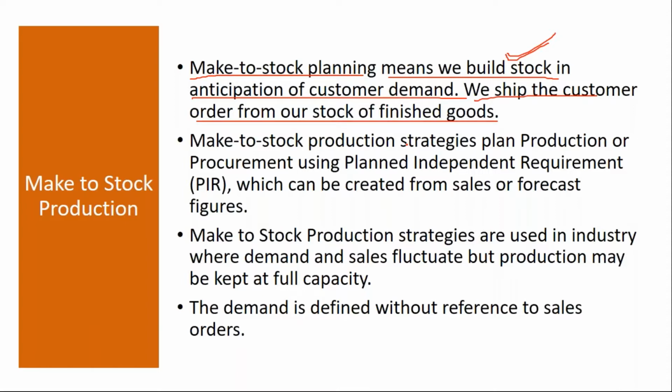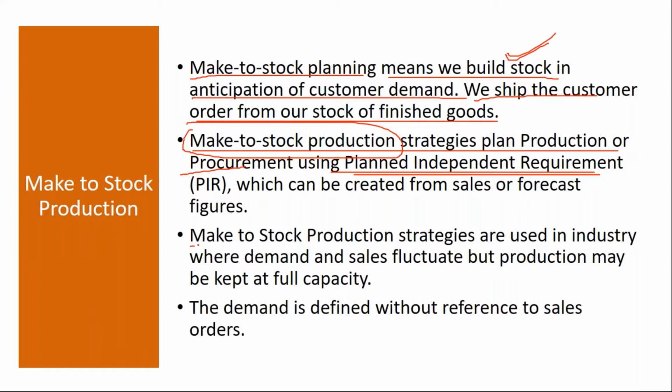From that stock, we deliver the product to the customer. Make to stock production strategies plan production or procurement using planned independent requirements. This we discussed already. So in make to stock production, the production happens using the PIRs. PIRs are nothing but forecast. Planned independent requirement is nothing but forecast.